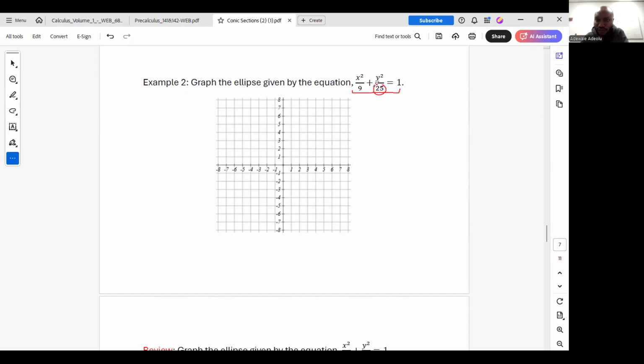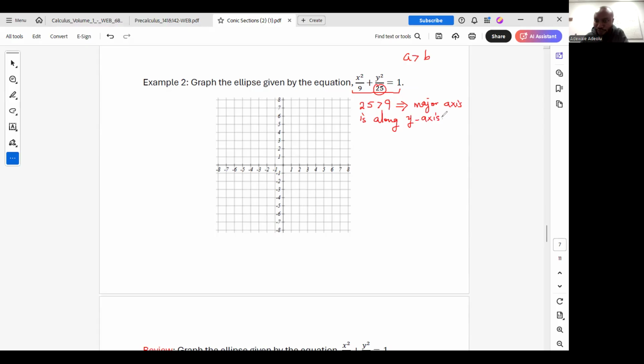We have 25, which is bigger. Remember, A is always bigger than B. So we have 25 under Y. So we say 25 is greater than 9. That tells us that the major axis is along Y.